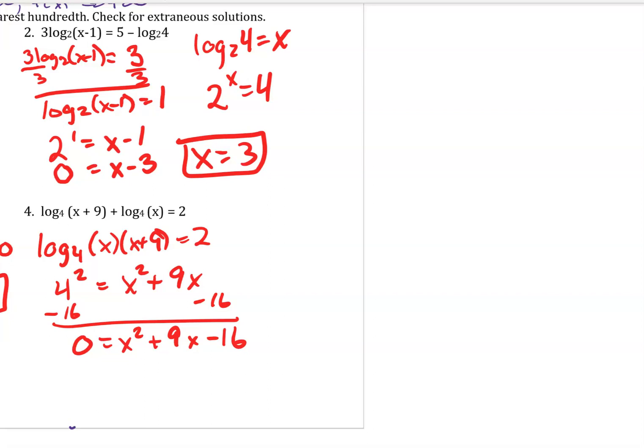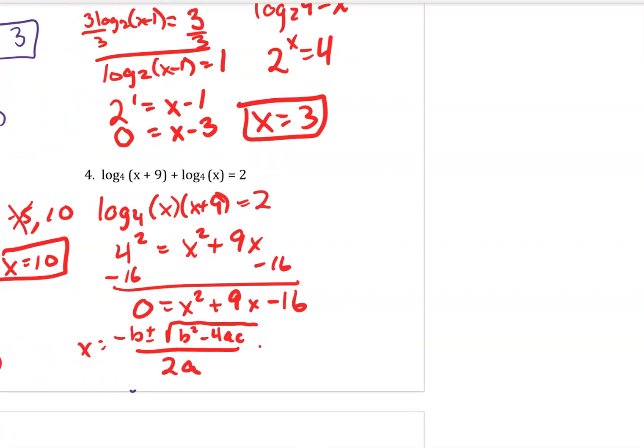So how do we solve a quadratic equation that is not factorable? We can either graph it, or we can use the quadratic formula. The quadratic formula, x equals negative b plus and minus the square root of b squared minus 4ac, all divided by 2a.